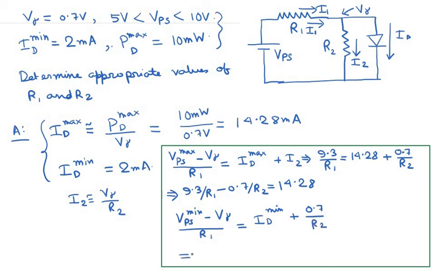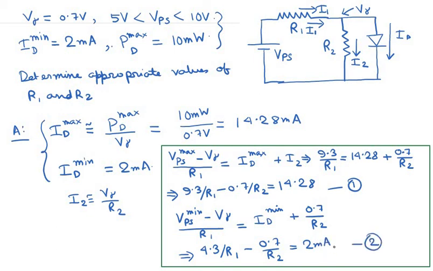Let us call the previous one equation number 1. So we get another equation. VPS min is 5 volts, as written here. So 4.3 divided by R1 minus 0.7 divided by R2 equals ID min, and ID min is given to be 2 milliampere. So this is the second equation.